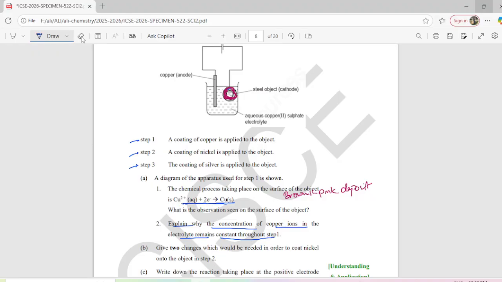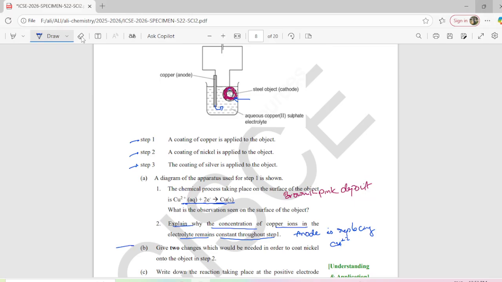So as the copper ions are getting discharged at the cathode, new copper ions will be released from the anode. Right? So that's why the concentration of copper ions remains the same, because the anode is replacing the copper ions which are getting discharged at the cathode. So throughout the process, the copper ion concentration remains the same.